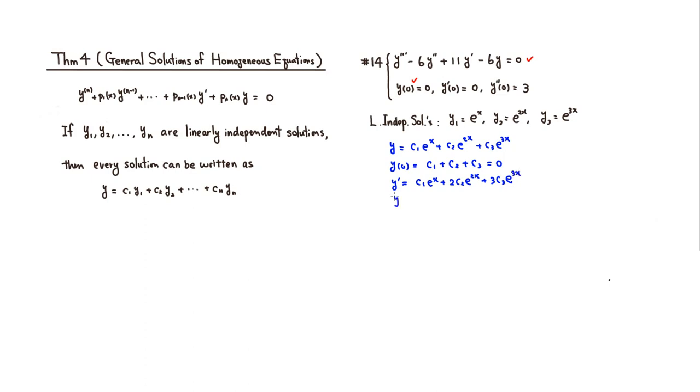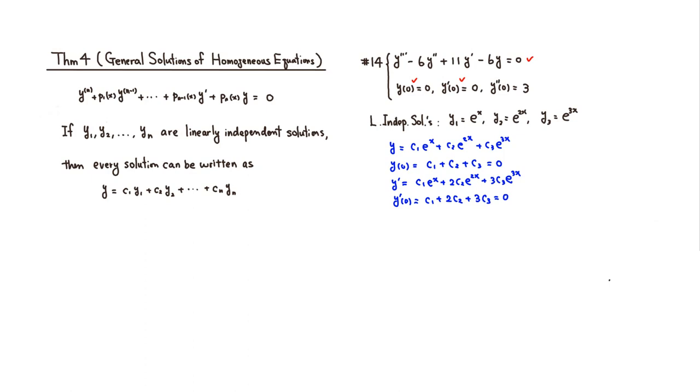If you plug x = 0 into y prime, we get c1 + 2c2 + 3c3, which is equal to 0 again.